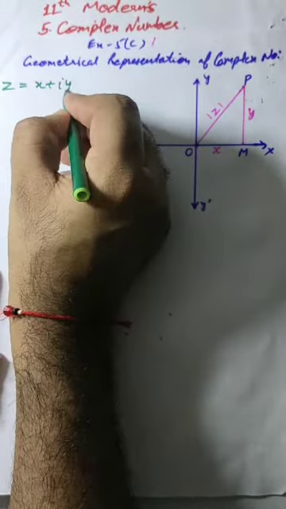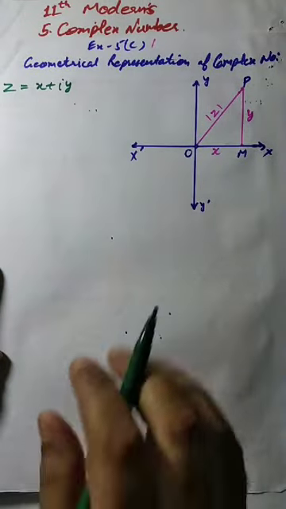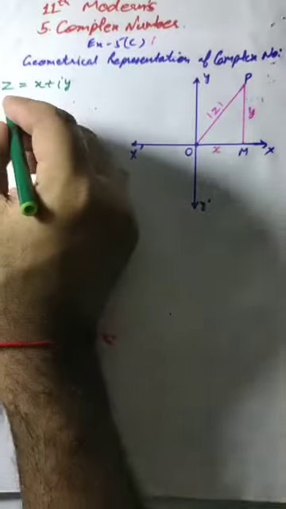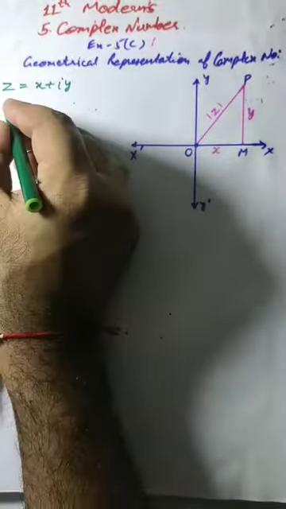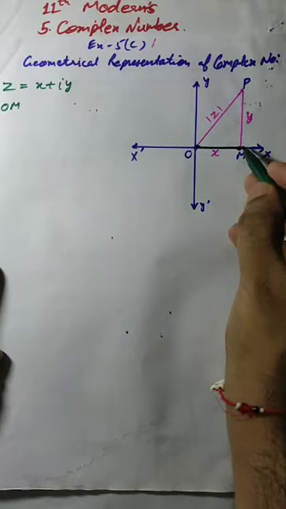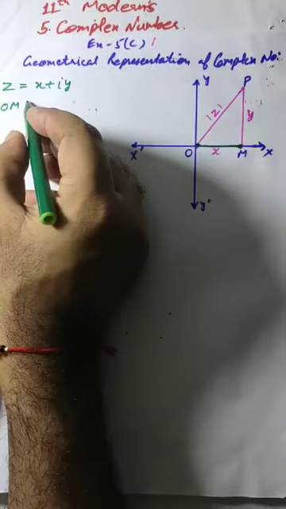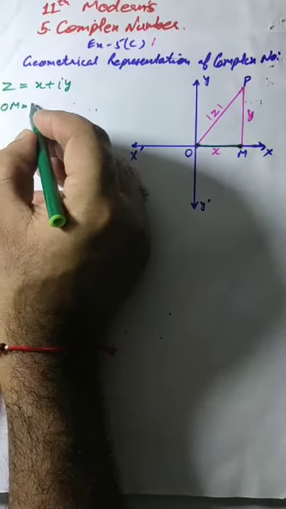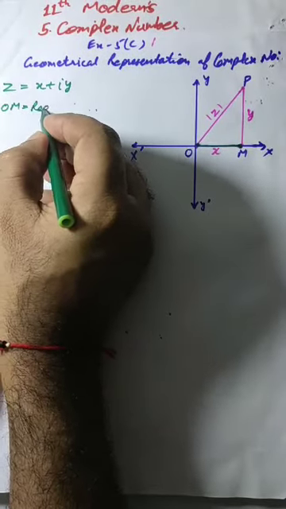Let us take a complex number z is equal to x plus iota y. As we can see in this graph, here OM, this line represents the x-axis. This is known as the real part of z.